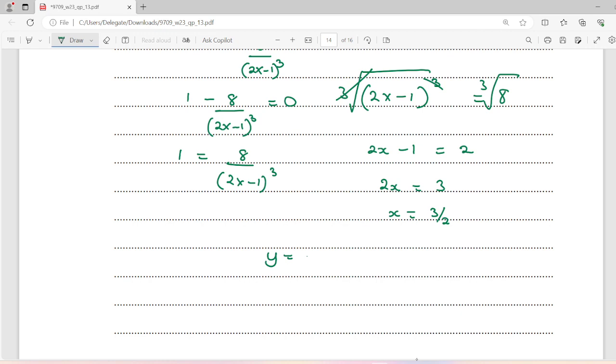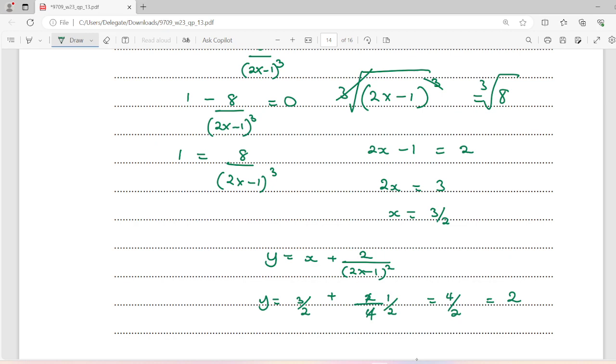So if you make your x to be 3 over 2, we shall have 3 over 2, the 2 cancels, you keep a 3, 3 minus 1, which is 2, 2 squared, which is 4, and you end up having this will be a half, so which is going to be 4 over 2 when you add it up together, and you get your y as 2, meaning the y coordinate of r is 2.